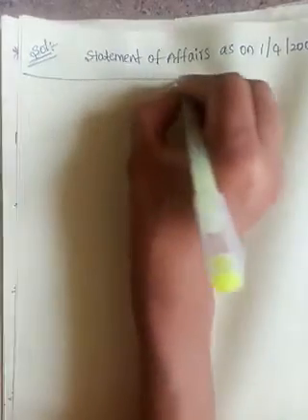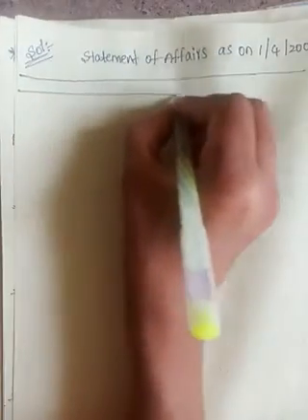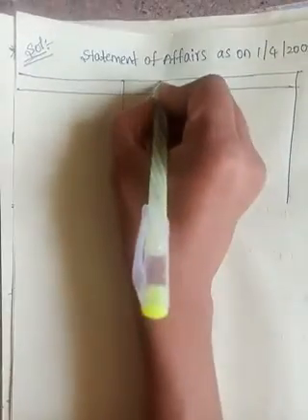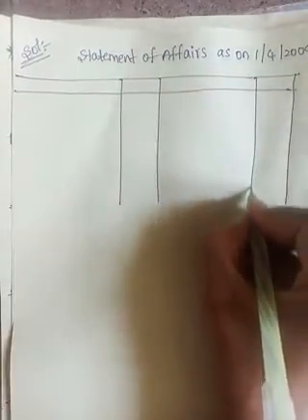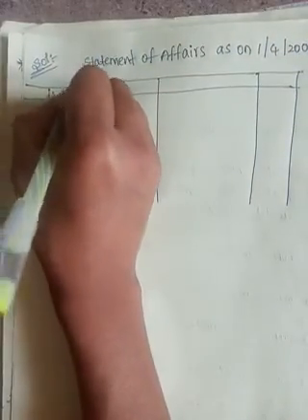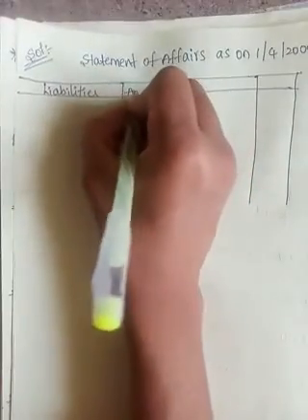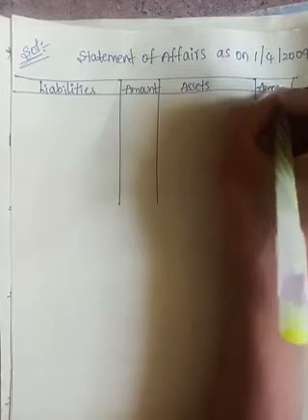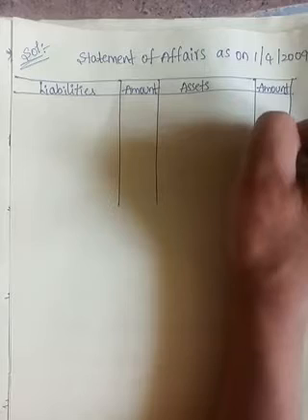The pro forma is liabilities, amount, assets, amount.